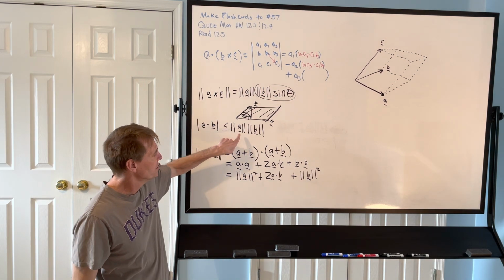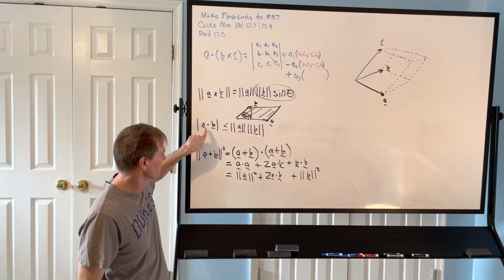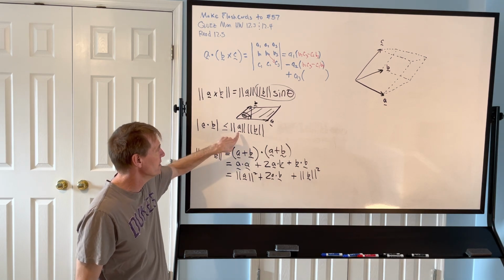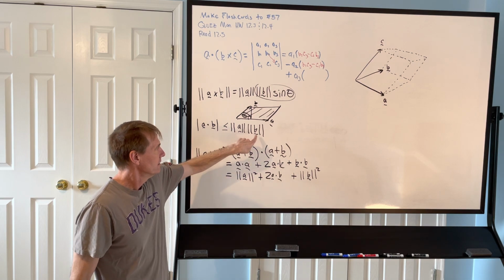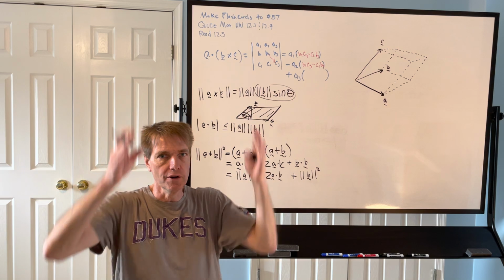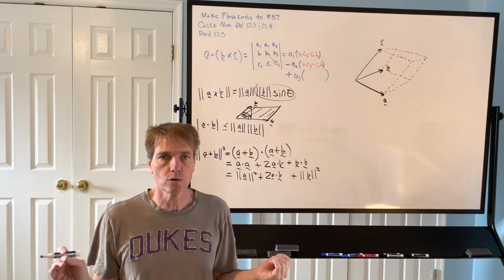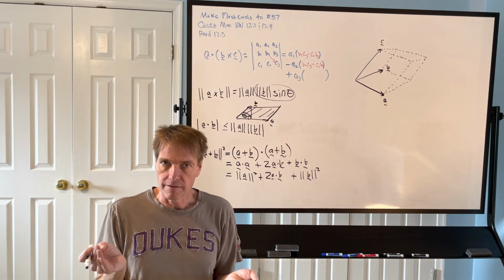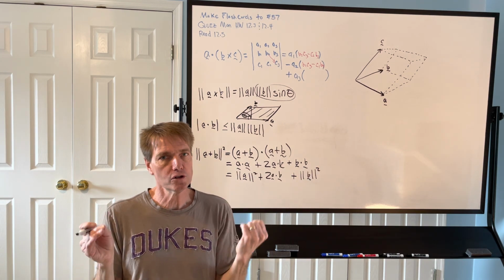But look at this result we just showed. We showed that the absolute value of A dot B is less than or equal to the norm of A times the norm of B. But remember, the absolute value of a number is always greater than or equal to the number. For example, the absolute value of 5 is 5, but the absolute value of -5 is also 5.